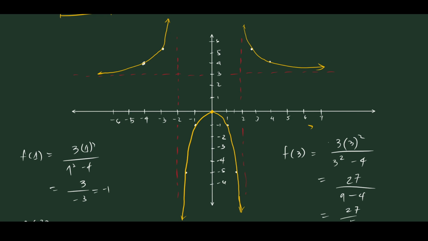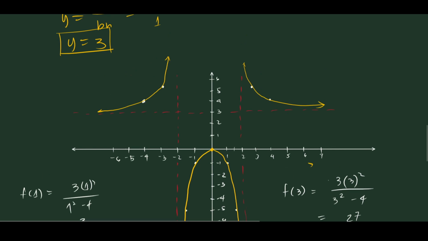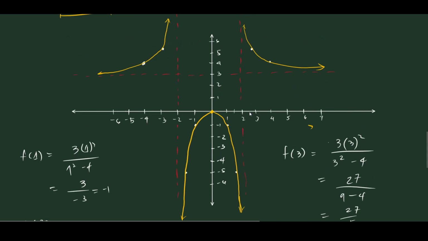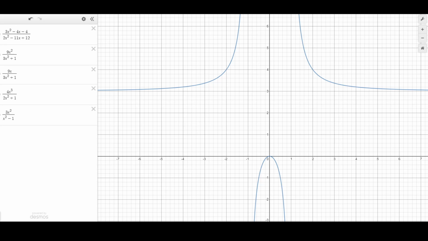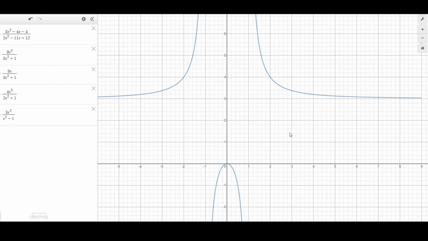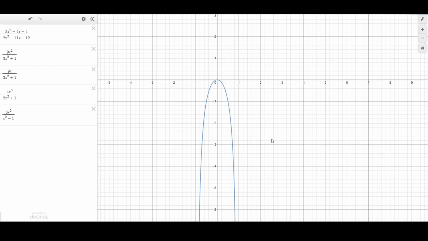Okay, very awesome indeed, right? So very cool. Okay, so let's check if we got our graph correctly. So let's go to Desmos and confirm it. So there you have it. So that's pretty cool, right?